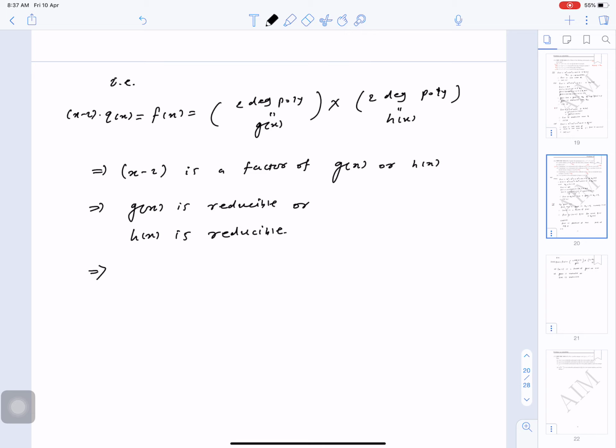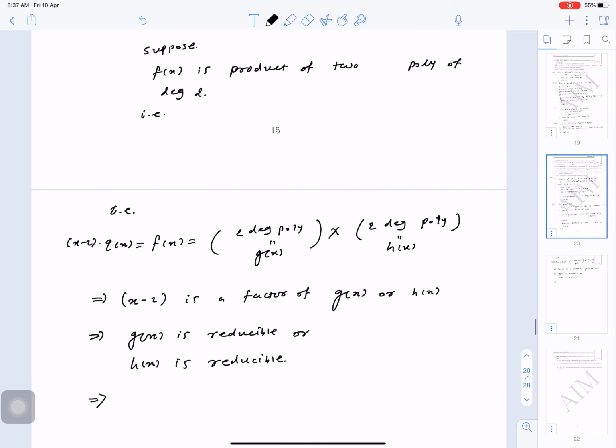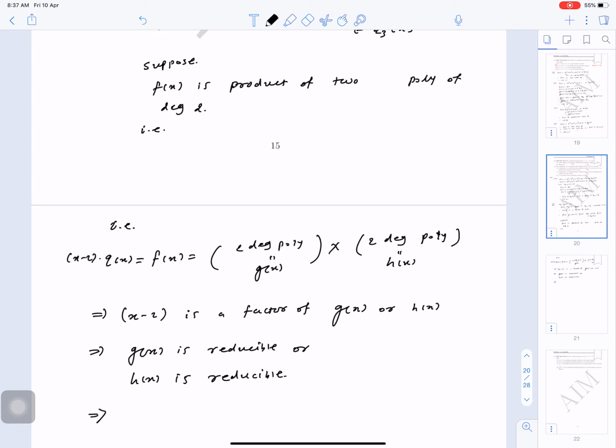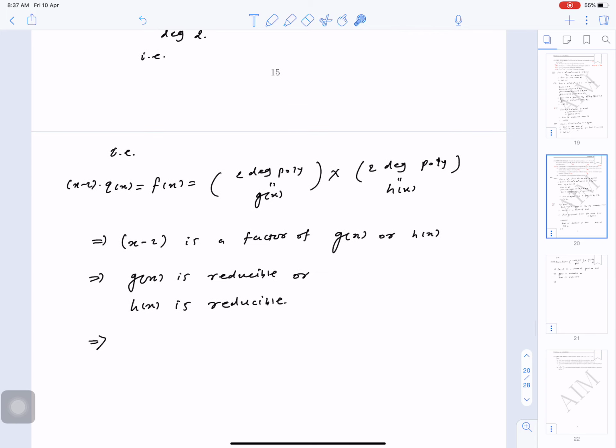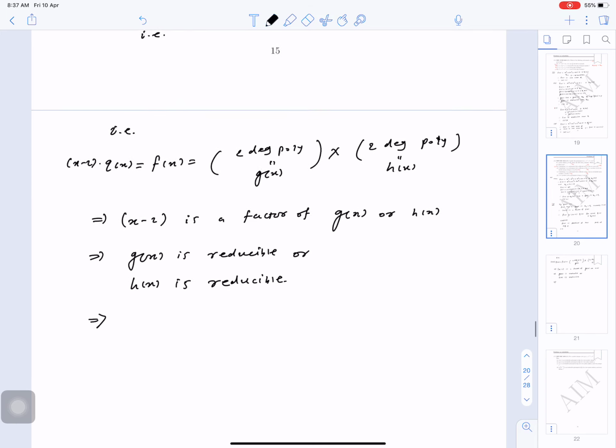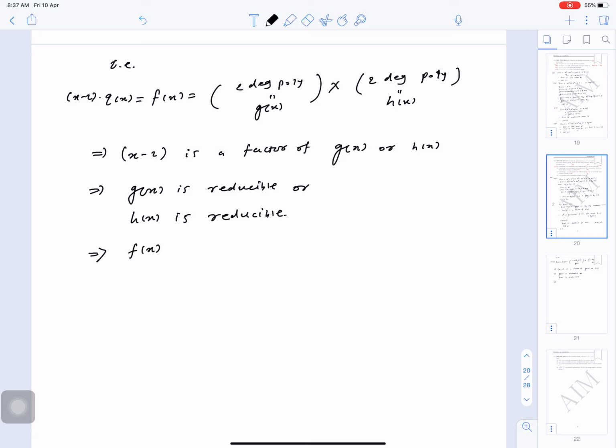So it means if we try to write f(x) as a product of two degree 2 polynomials, then one of them is reducible. So f(x) is not a product of 2 irreducible polynomials of degree 2.